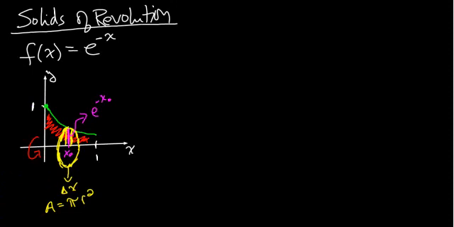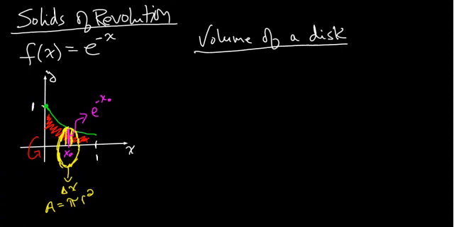So the volume of one of our disks is going to be volume equals pi r squared times h. In this case it's pi, and our r, looking at one in particular with the x naught there, pi r squared is e to the negative x naught squared, times h, and that's our thickness, our delta x.